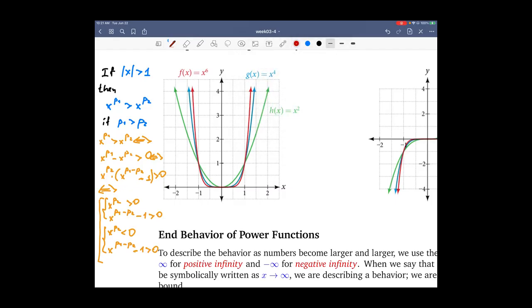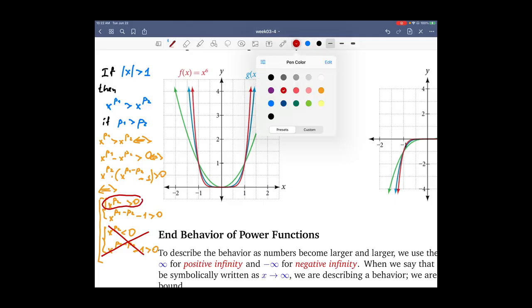The second system is inconsistent, so we must have the first system. The first inequality in the first system is automatically true, so we must therefore have x to the power p1 minus p2 is greater than 1.